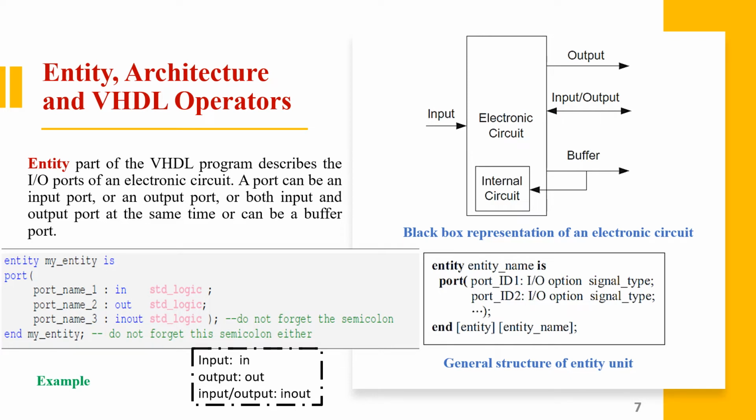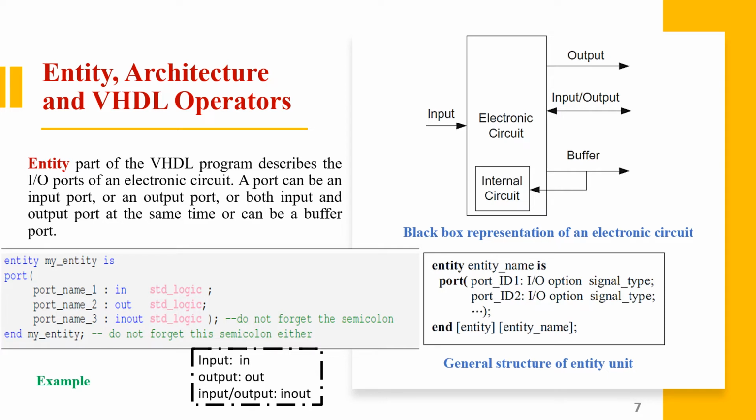So write entity, my_entity is, write port, and after that the name port 1, colon, the kind of port is input, so write in.